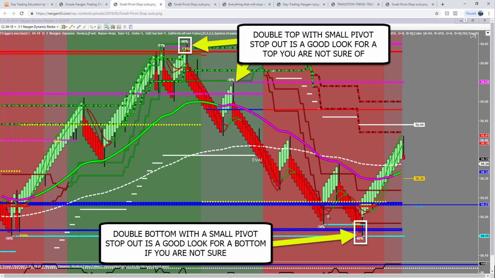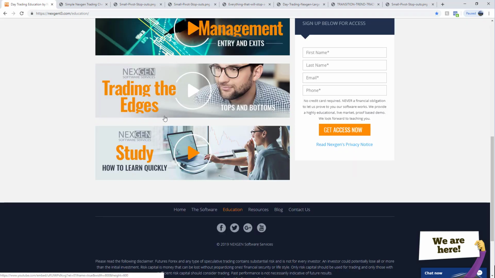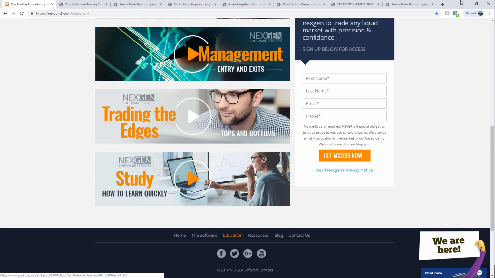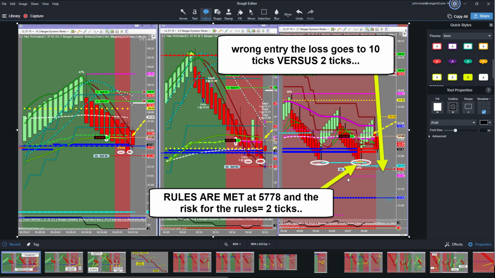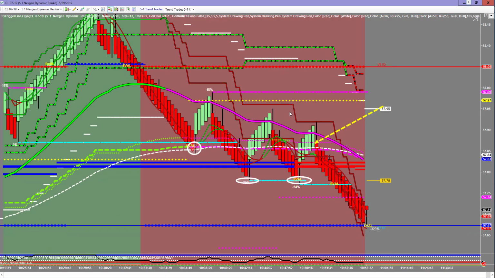Do you guys understand that? You have to go through the rules in the videos, but it's one and done on trading the edges. If you keep buying the low, you're going to lose, and lose, and lose, and it's going to look really silly. You're going to be like, man, I've bought the low 3 times, 1, 2, 3, and not one of them has won.